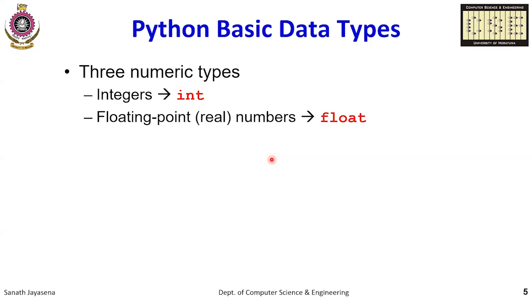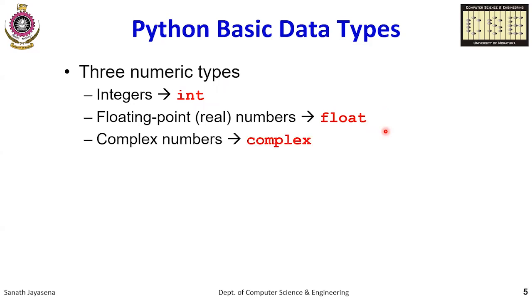There we will look at more details about integers as well as floating point numbers, and how they are represented inside computers. But for now, simply accept what we describe here, that real numbers are referred to as floating point numbers. Within Python, the short name for those is float. In various other programming languages we also have similar names. In C and Java, for example, you can see int and float are there.